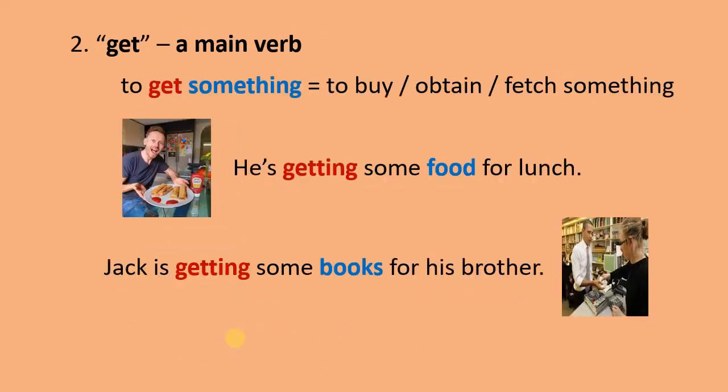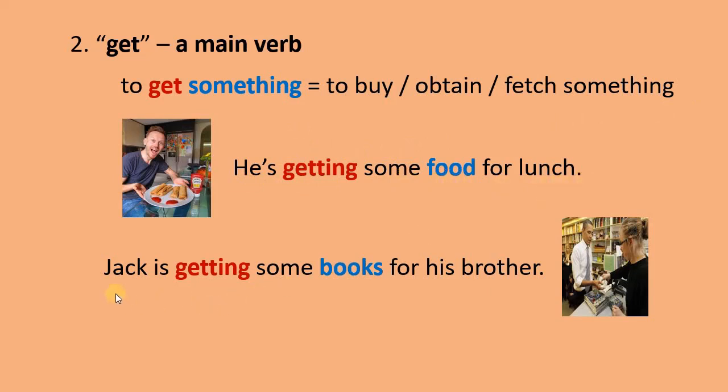Let's move on to uses of get as a main verb number 2. Definition number 2, to get something, meaning to buy, to obtain, to fetch something. Example, he's getting some food for lunch.